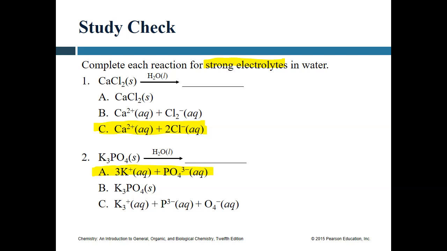I've got a -3 for the phosphates, and I've got 3 +1s for each of those 3 potassiums. I've got a balance of charge. This doesn't have a balance of charge. This, letter C, is a bunch of nonsense.